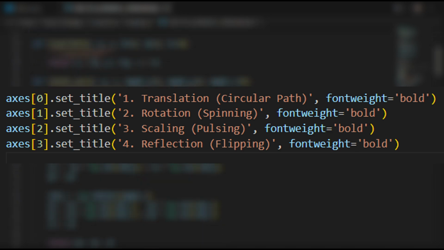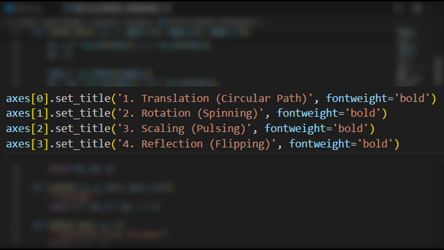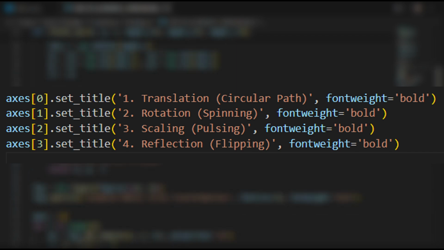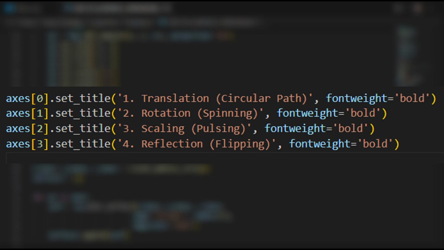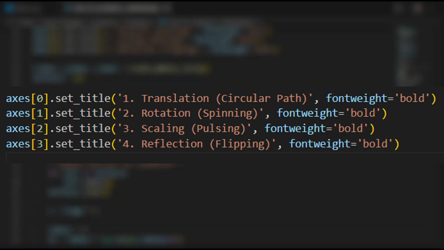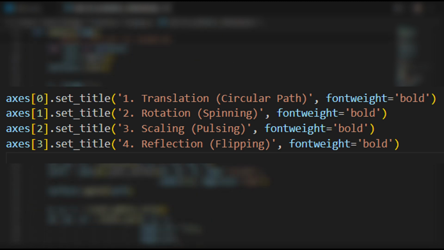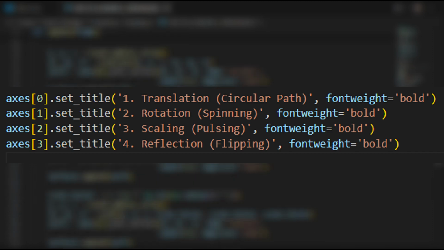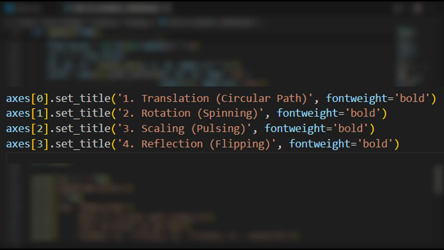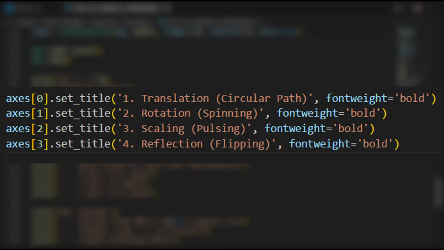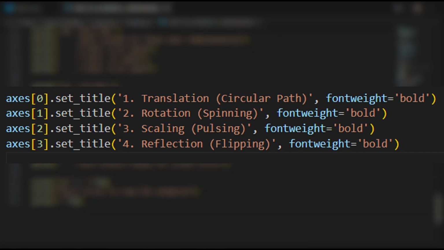This code labels each subplot with descriptive titles to identify the four transformation types. Subplot 0 gets the title Translation with circular path, describing how the strip moves through space. Subplot 1 is titled Rotation, showing spinning motion. Subplot 2 displays Scaling with pulsing to indicate size changes.